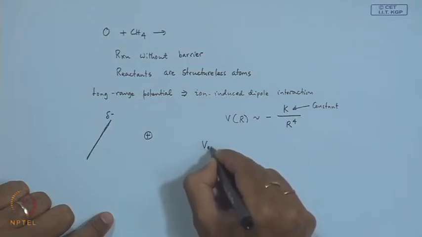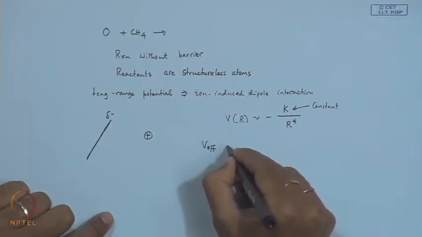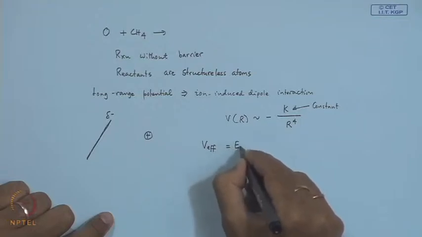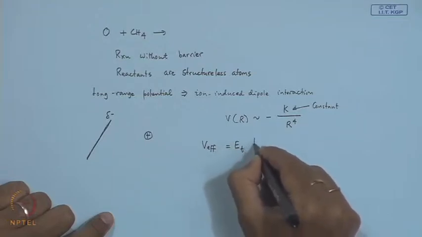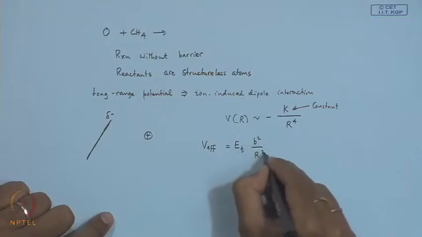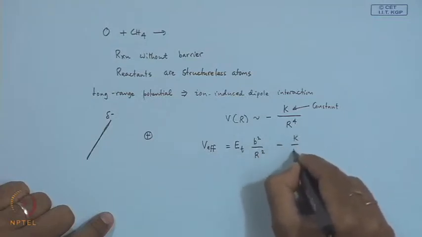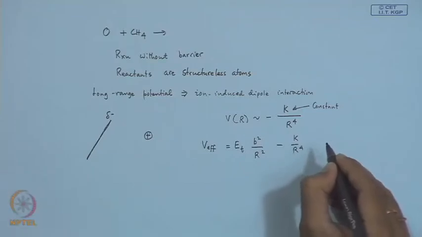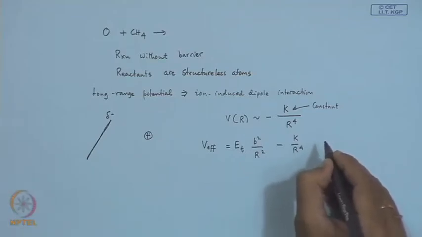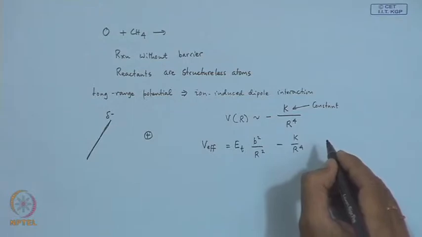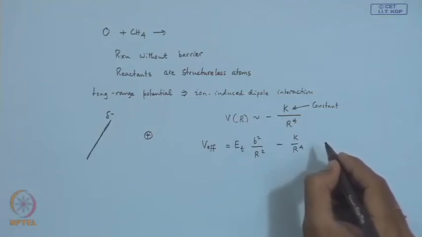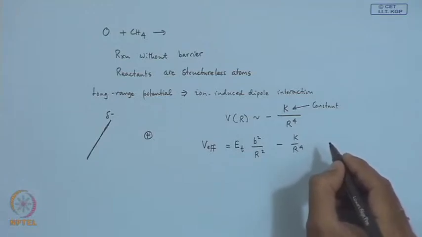Your V effective can be written as E_t times b square by r square minus k by r to the power 4. So, this is the type of barrier you may be looking at. Let us see if we can represent the type of the barrier.